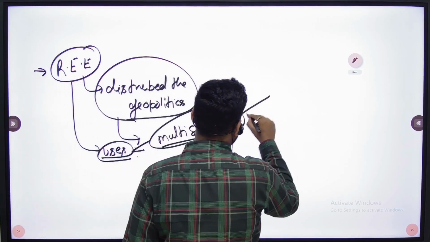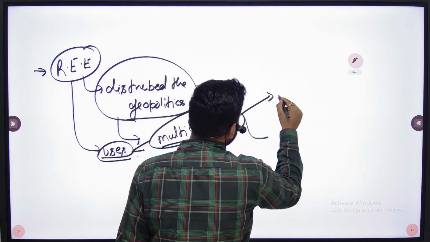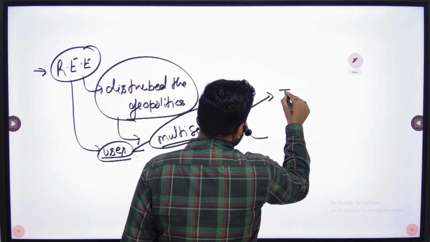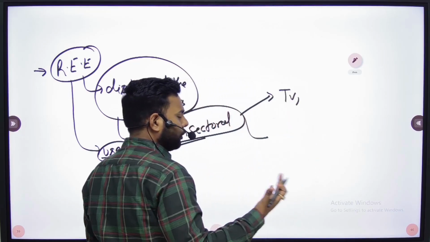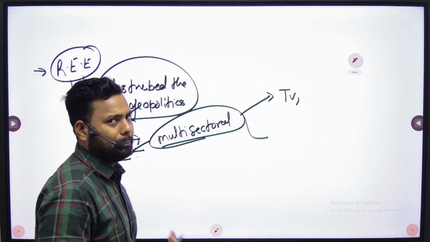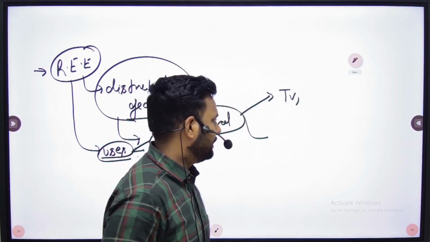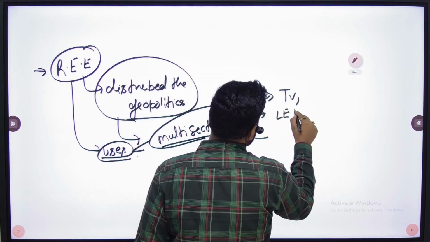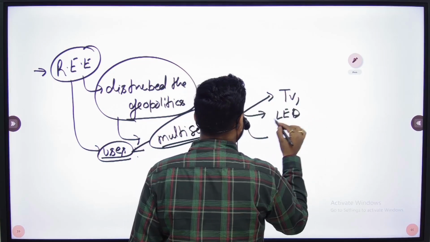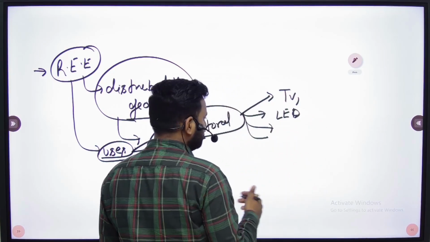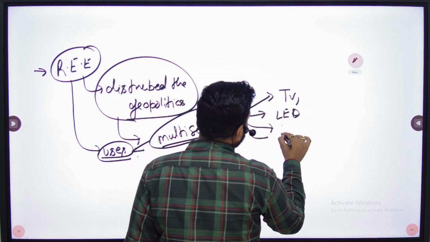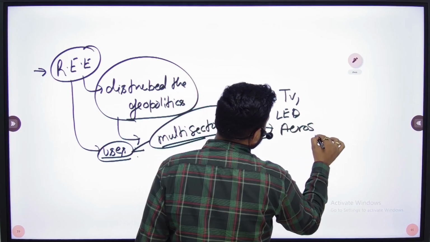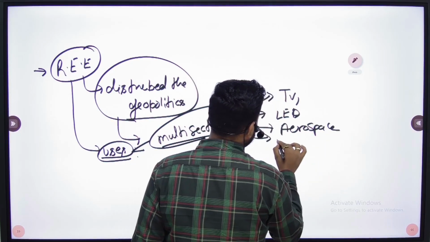Like it is used in TV, electronic goods, TV, LED, laptop, mobile phones. It is also used in LED cameras. It is also used in aerospace. It's also used in missiles.